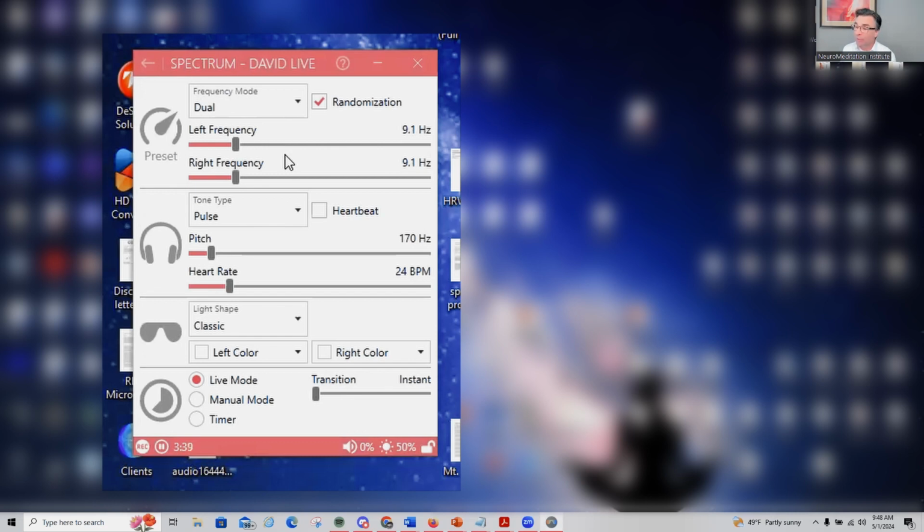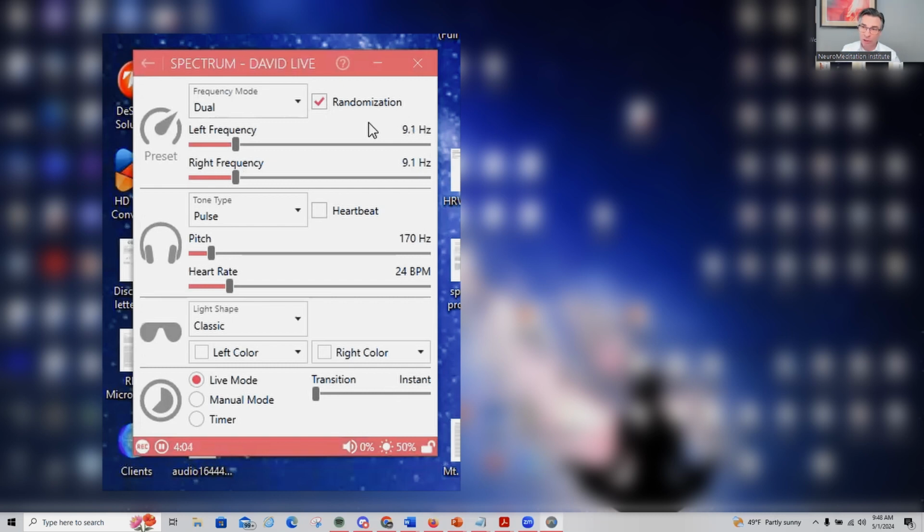In fact, you don't even have to pick a program. When you open it, you could just move the sliders whichever way you want to get the frequency you want. Now, another important part of this is this little randomization button right here. You can see right now it's clicked on. If I click on it, I can take it off or put it back on.